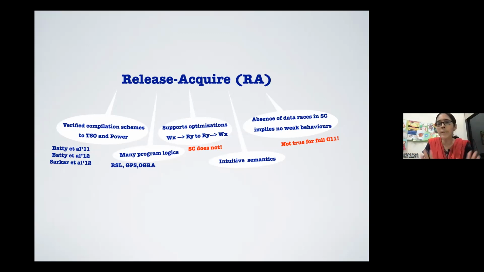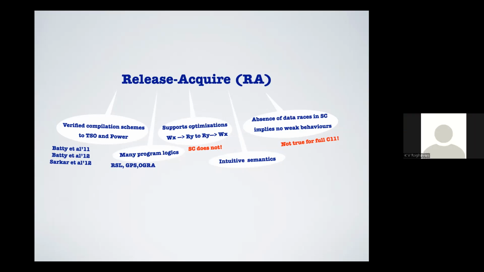Okay, so these are some of the good things. And of course, absence of data races implies no weak behaviors is true for release acquire, but it's not true if I look at the full C11 model. So basically, all that this slide is trying to say is that release acquire seems to be a reasonably well-behaved subclass or fragment of C11.